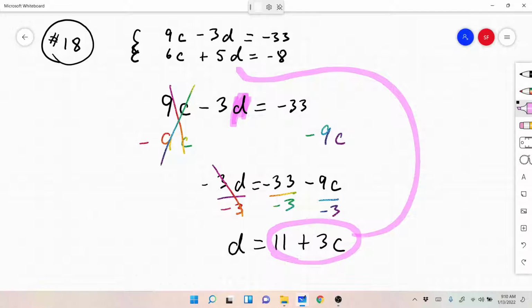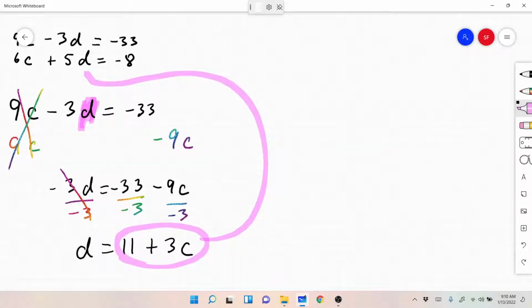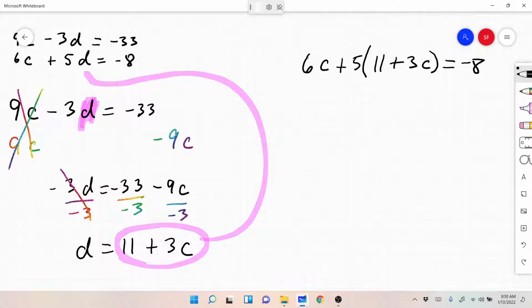Because it equals D. That's going to be one extra problem. There you go. So are we learning something? That's good. 6C plus 5 times all that mess, right? 11 plus 3C equals negative 8.